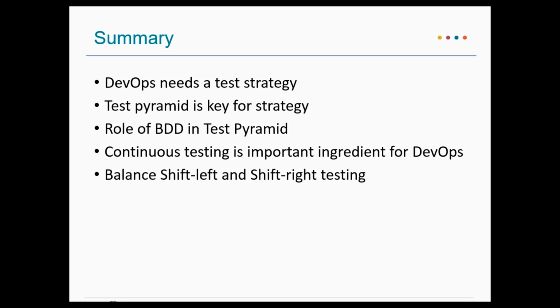Similar to that, there are lots of other unit frameworks available which can be used depending upon the technology. For JavaScript frameworks, Node.js and so on, we can use Jasmine in that case.